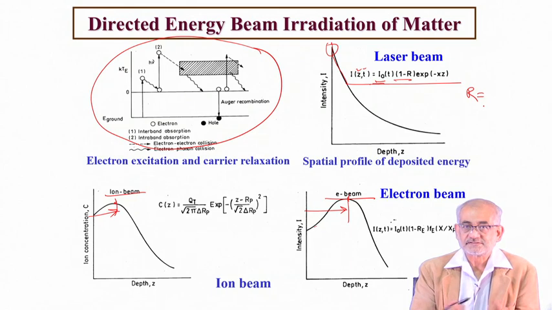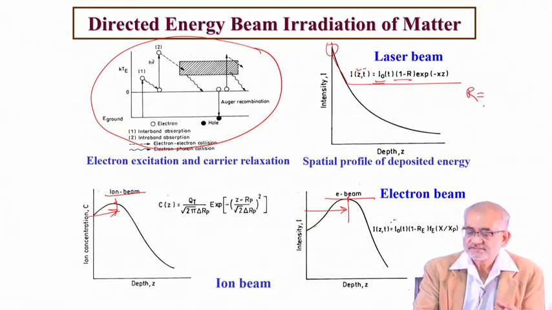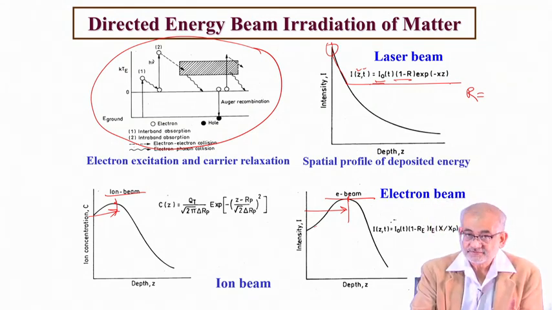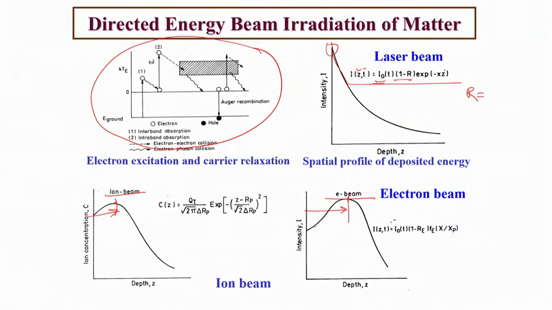Absorptivity is a dimensionless quotient, whereas the absorption coefficient, alpha, has a certain unit. Nevertheless, what it means is that intensity decreases with Z, the distance or depth from the surface.